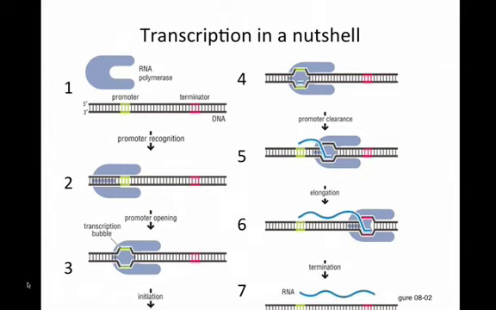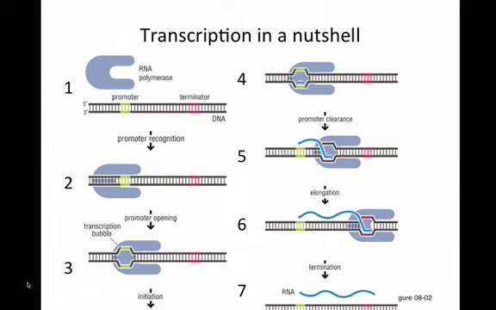No. If you have a gene that's constitutively expressed, would the transcription factors always be bound, or would they ever dissociate from the gene? Well, really, it's all about RNA polymerase being bound. And a lot of transcription factors leave once RNA polymerase is there.